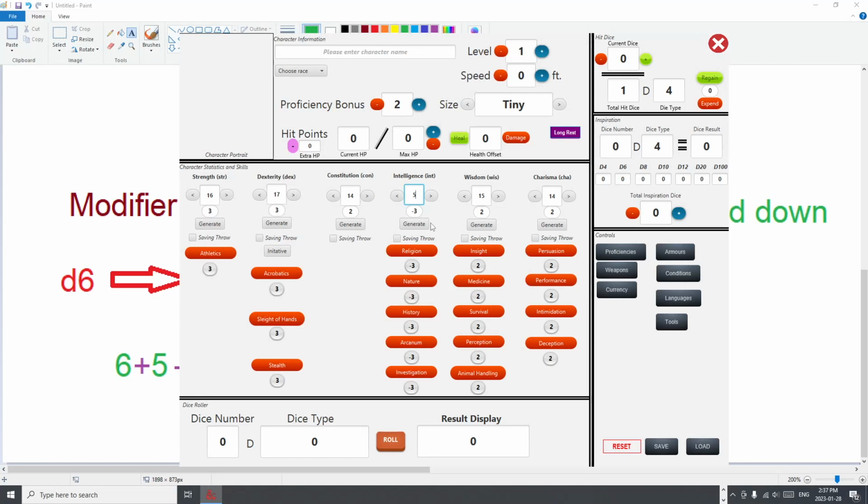You may think it is humorous, but when it kills your character, believe me, you will not be laughing. Just because the intelligence is low does not mean that the character is dumb. The purpose of these scores, from my perspective and from my experience and from my own judgment, is to yield the modifiers. That is what is most important.